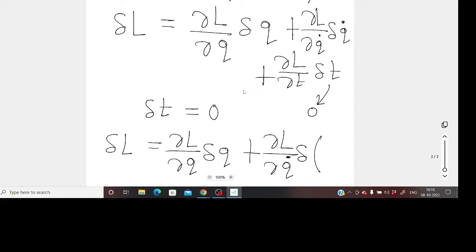Now what is q dot? q dot is equal to dq dt.